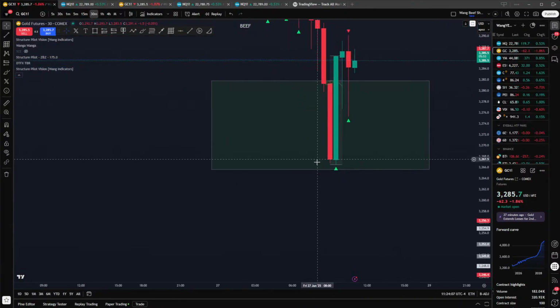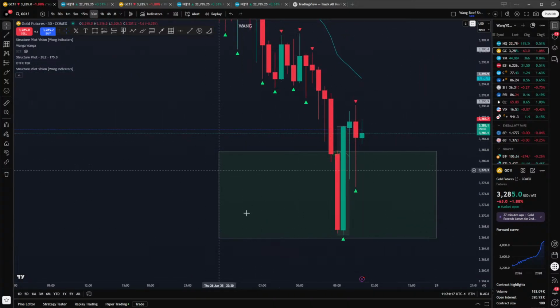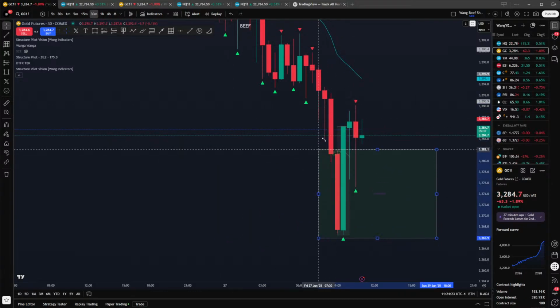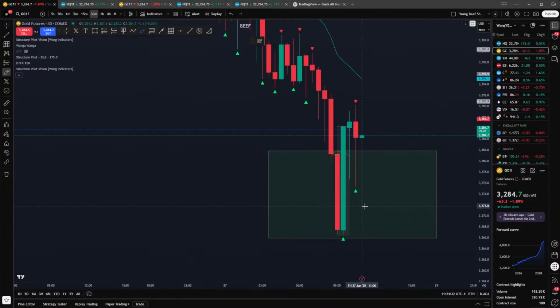Here, price is sweeping the low of the previous candle and coming up to close above it, which on the lower time frame is a flip. This is just the making of a wick on the higher time frame. So what I expected is exactly what happened. After the close, price came back down and tapped into almost the 50%, not really the 50%.